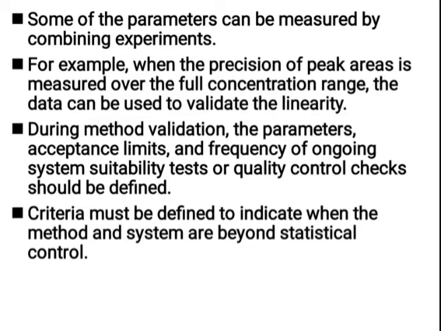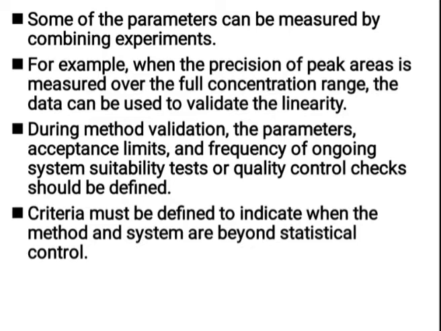Then during method validation, the parameters, acceptance limits and the frequency of ongoing system suitability tests or quality control checks should be defined initially, and criteria must be defined to indicate when the method and the system are beyond statistical control.